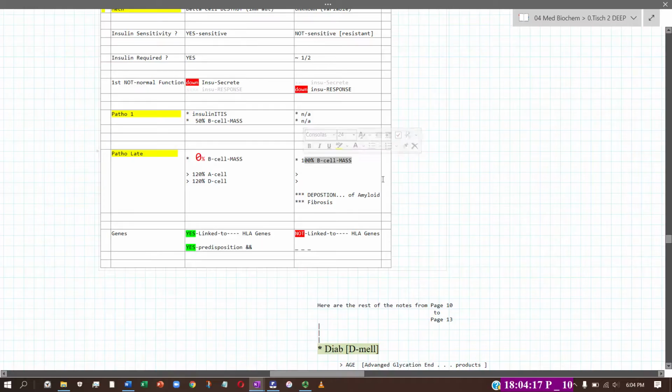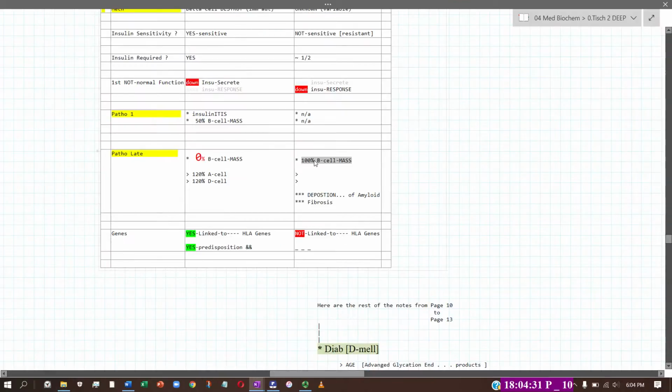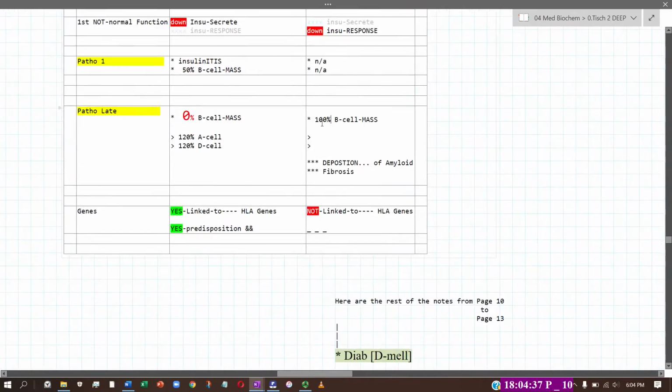The note said that you can either experience a lack of change in your B cell mass, it can remain normal, or if there is reduction, it's moderate. So here I just stuck with 100%, just to really highlight the difference between 100% beta cell mass and 0% beta cell mass.